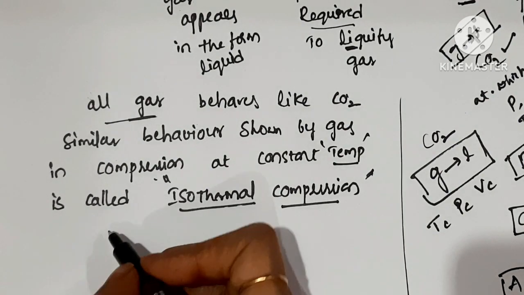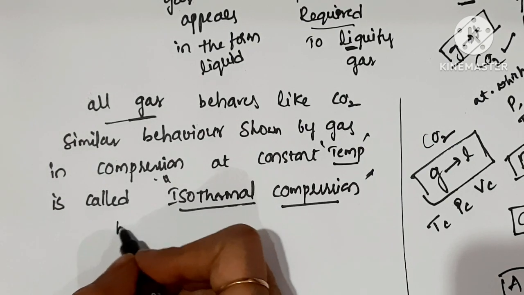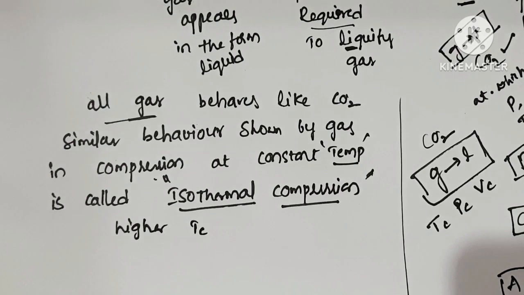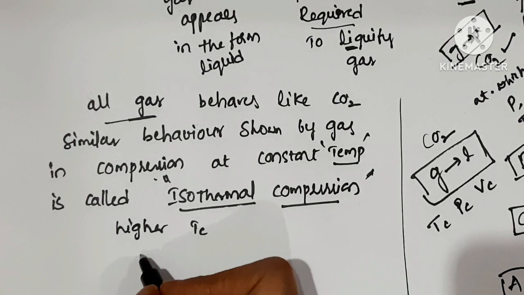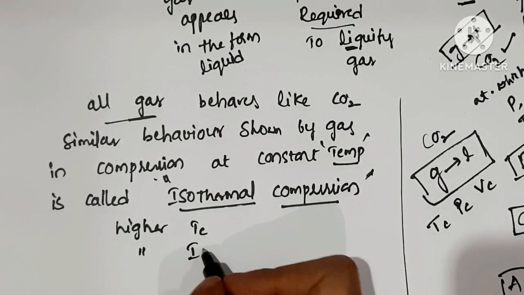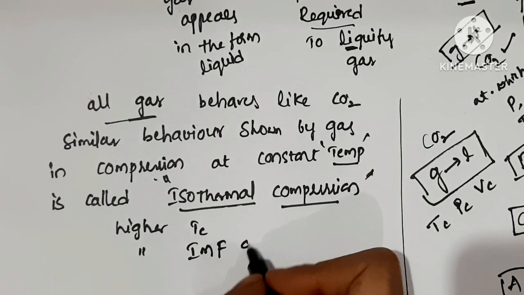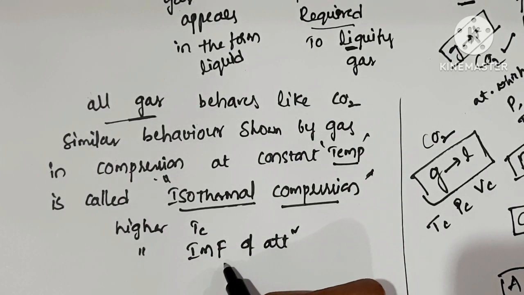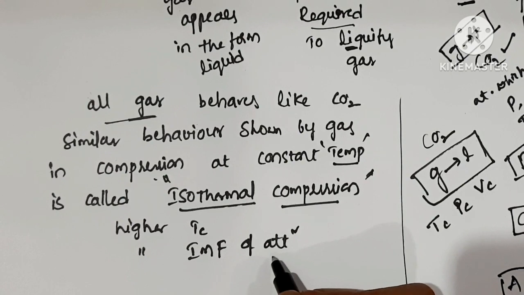Generally, higher critical temperature means higher intermolecular forces of attraction. Here forces means there are repulsions and also attractions, but here I am telling attractions only.